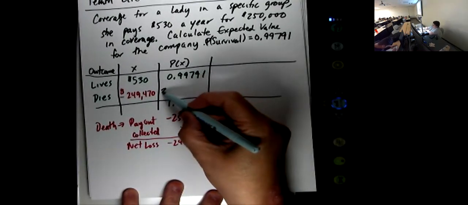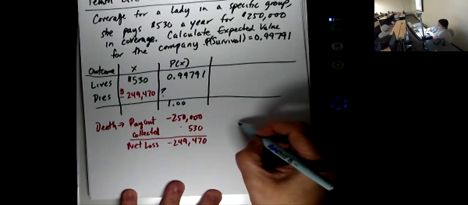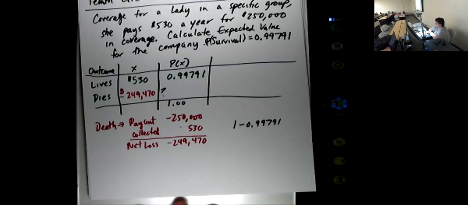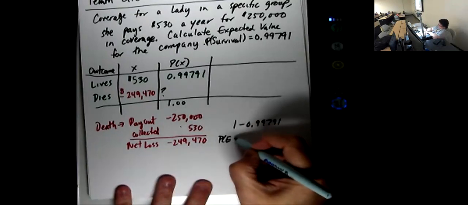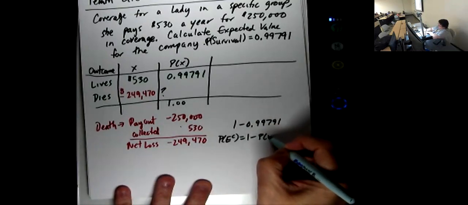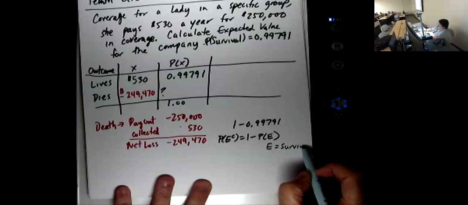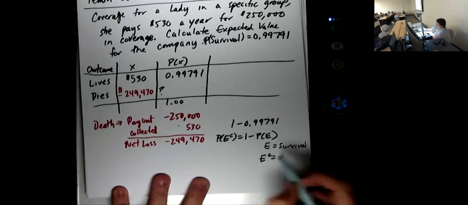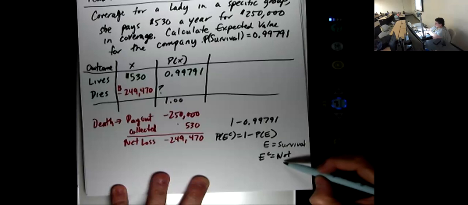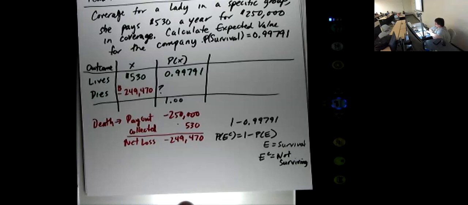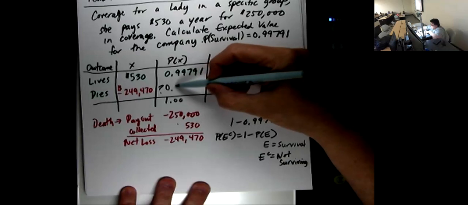So this entry here must be 1 minus 0.99791. This matches up with our probability of E complement equals 1 minus probability of E. When E is survival, the complement of survival is not surviving, right? And not surviving means you're dying. So if you calculate that out, you're going to get 0.00209.